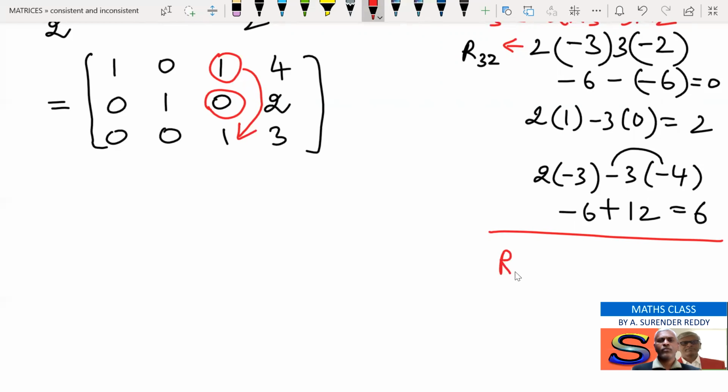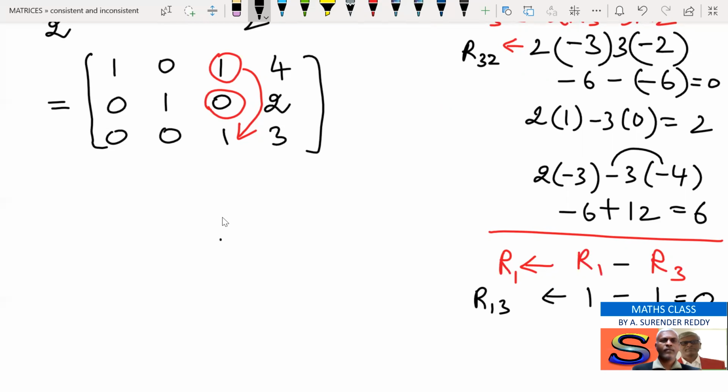Now we are changing the first row with the help of the third. In R1 the element is 1, in R3 it is 1. Both are equal. If you subtract, you will get 0. So this is the formula, and this 1 becomes 0.